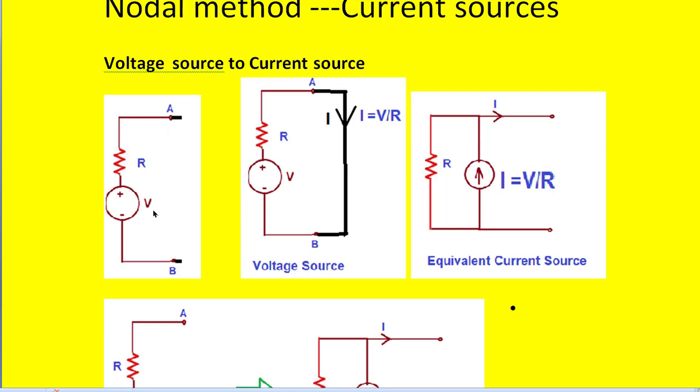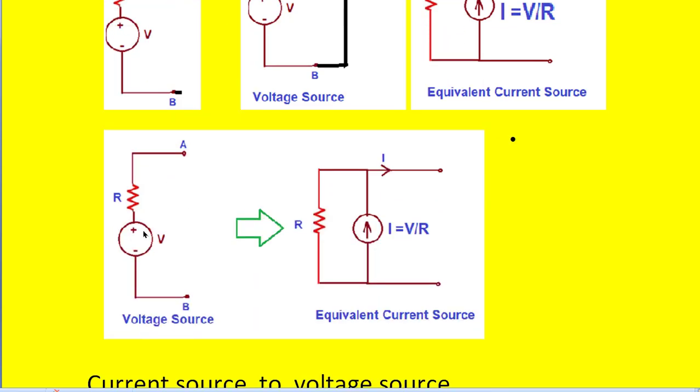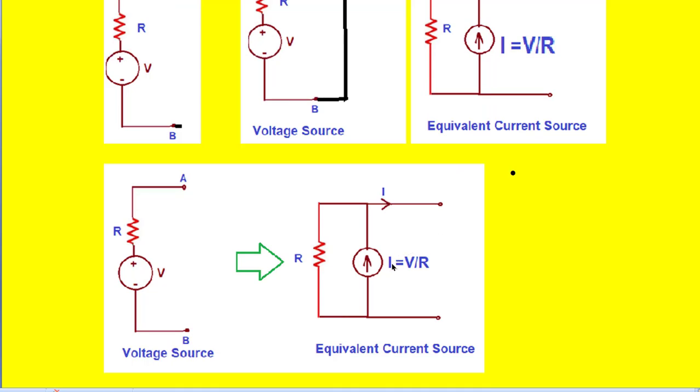This is the voltage source whose voltage is V and the internal resistance is represented by capital R. And coming to the current source, its symbol is shown like this, and its internal resistance is connected across the current source like this, whose value is capital R.